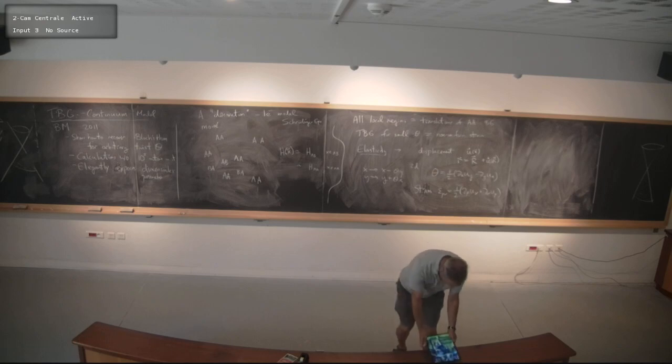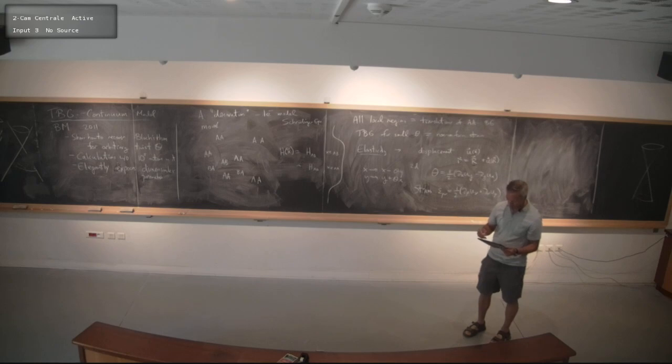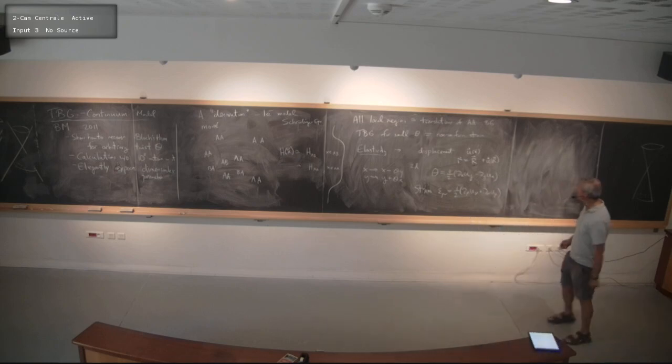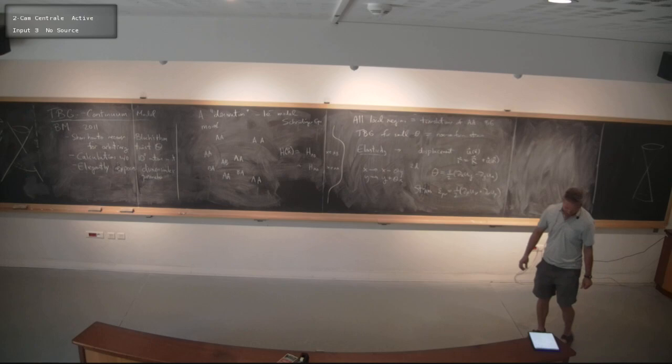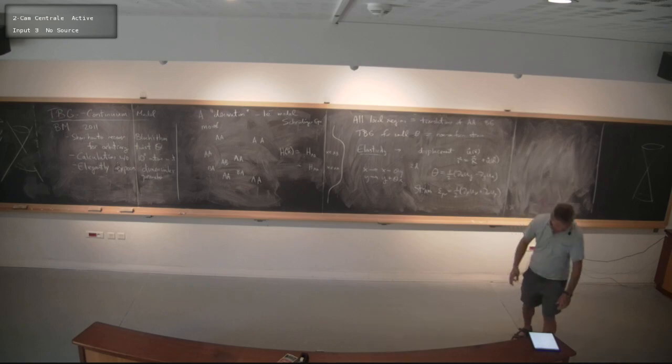So in fact, this continuum model of Bistritzer and MacDonald. It turns out you can obtain basically the Bistritzer-MacDonald model by starting with just a model for bilayer graphene with strain and specializing to a strain which corresponds to a shear rotation.